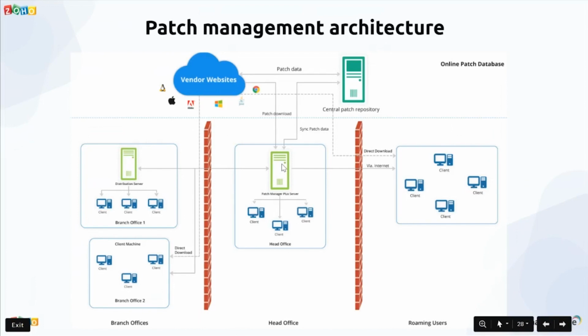If you have configured our direct download feature, then the patches are directly downloaded from the vendor website to the client machines in the branch offices as well. This direct download workflow is applicable for our roaming users as well.